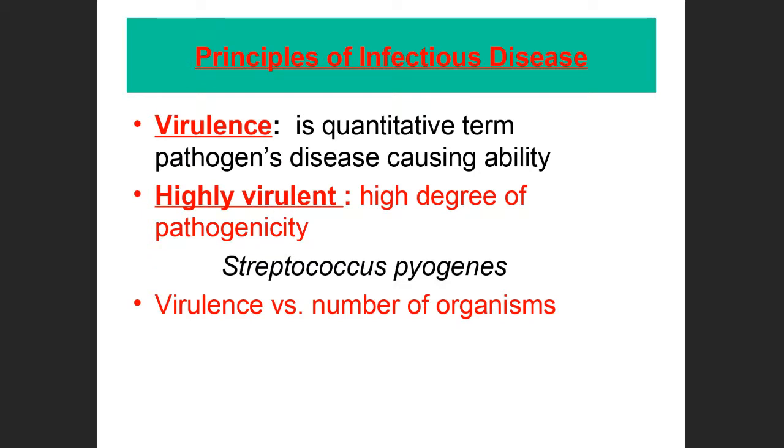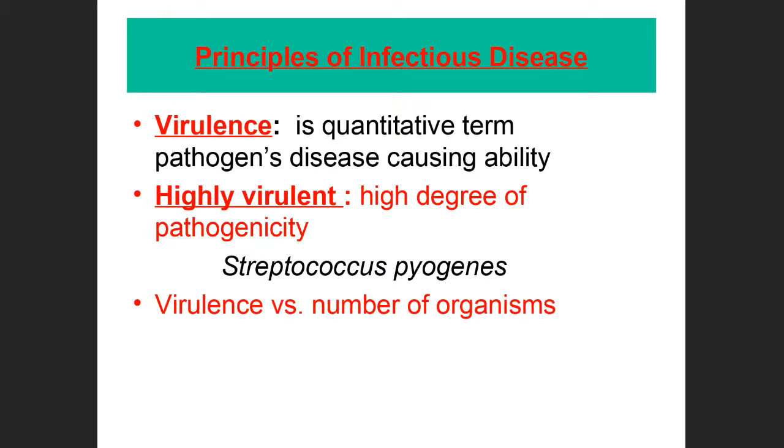However, it doesn't compete very well with normal flora, even though sometimes it is normal flora, but even at that, it doesn't compete very well. Very picky, very hard to grow. So this is an organism that is very virulent, however, it can be fought off fairly easily if we have a good, healthy immune system.